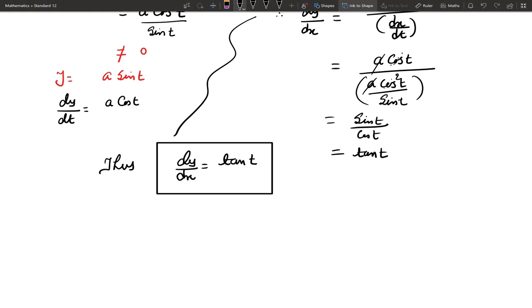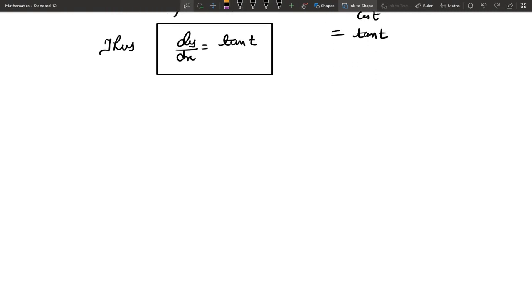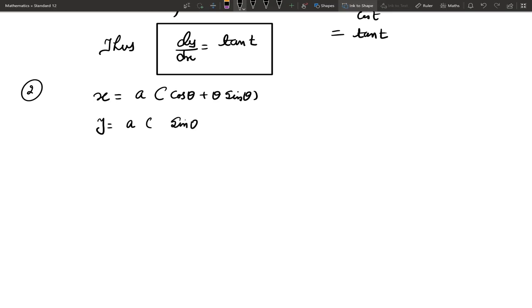Next we take the second example: x equal to a into bracket cos theta plus theta sin theta, y equal to a into bracket sin theta minus theta cos theta. Obtain dy by dx.